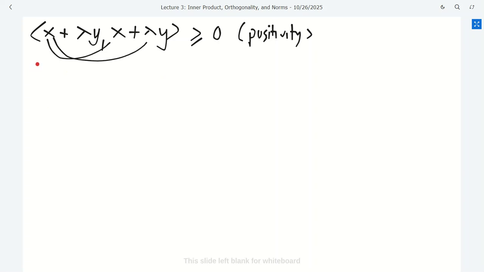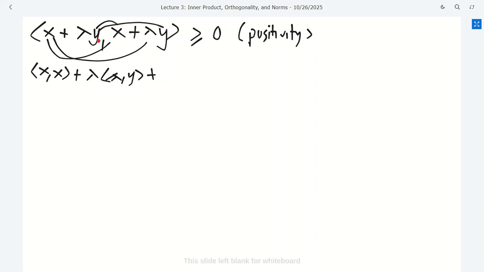So here we have x inner product with itself, as you can see what I do, then plus the lambda, which is our scalar, will come out. I've proven it already. Then x inner product y, right? Then plus. We are done with this. Then we come to the second one, which will go here, and this one will also come here.